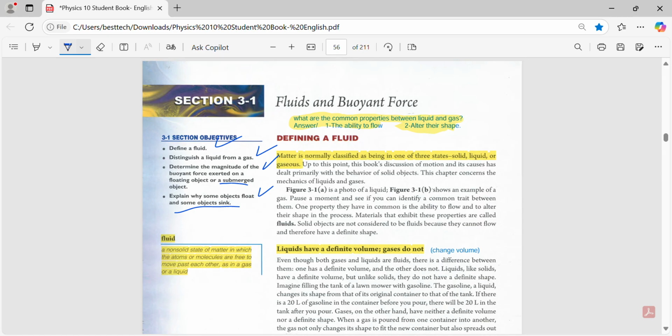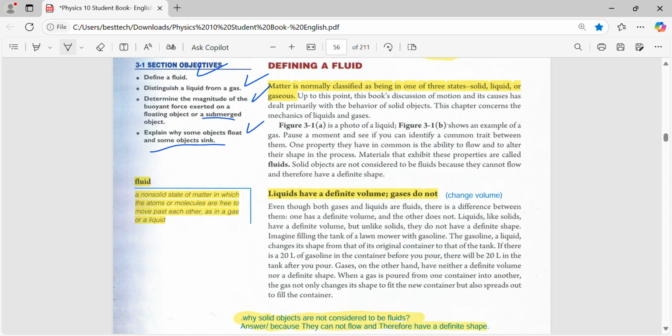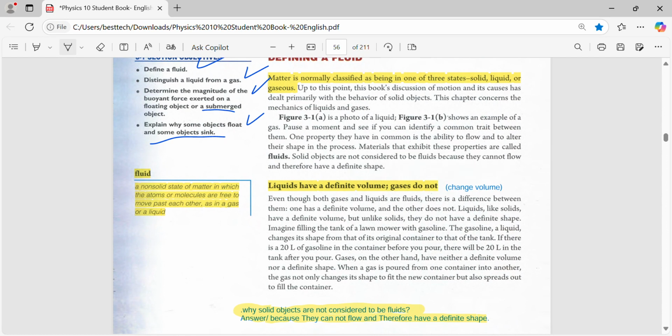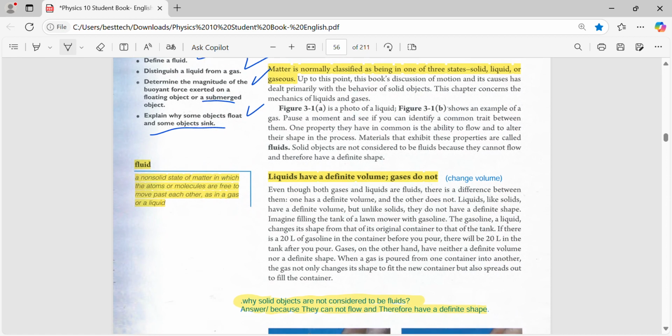Okay, guys, first, let me tell you the meaning of fluids. Fluid is a non-solid state of matter in which atoms or molecules are free to move past each other, as in a gas or liquid. In general, know that fluid is a mixing of liquid plus gas.